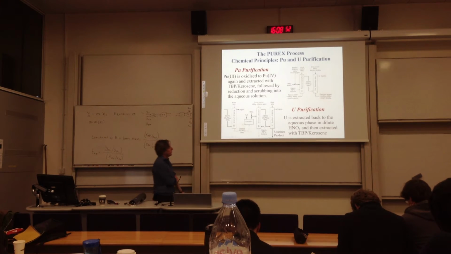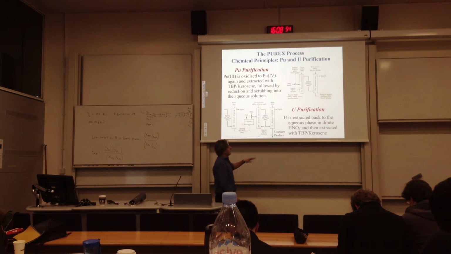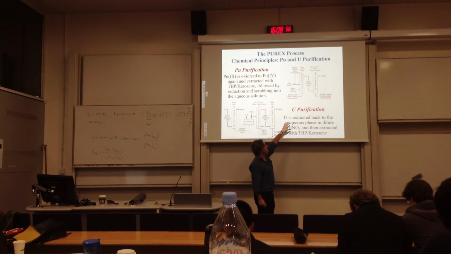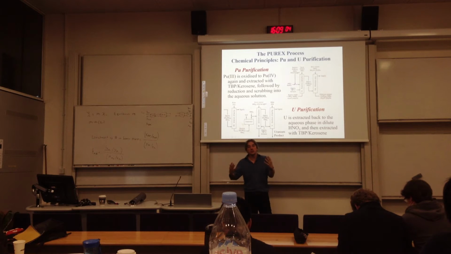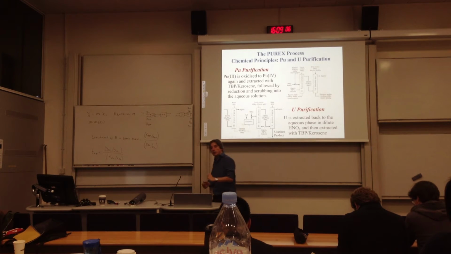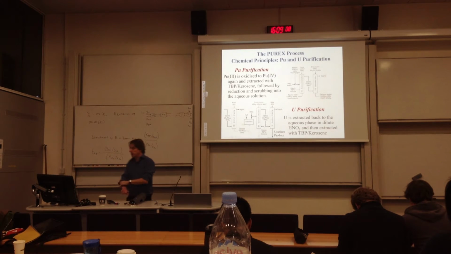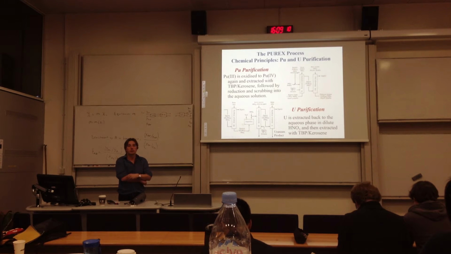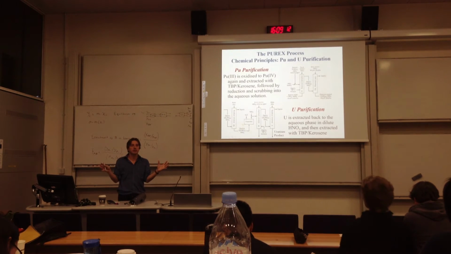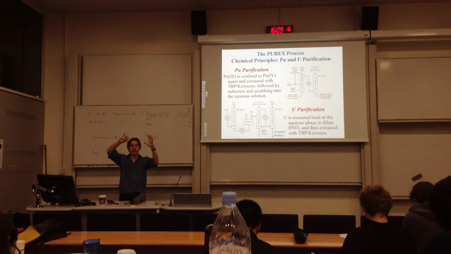And for uranium purification, this is based on changing the pH of the solution. When the pH is increased, you can extract uranium back to the aqueous phase. So, just to summarize what may seem a complex process: we first separated the fission products into the water.